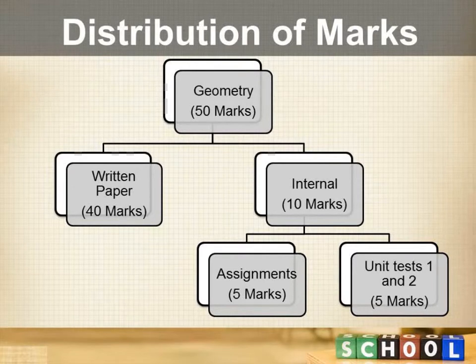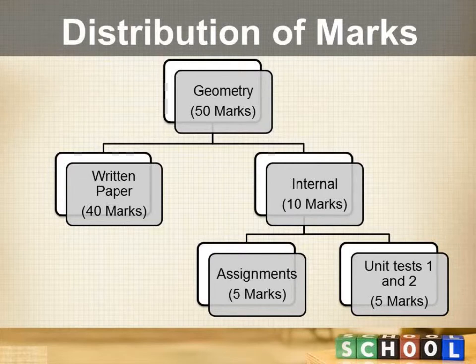5 assignments have to be completed of 10 marks. So therefore total 50 marks, which is converted to 5 marks. Then where is the remaining 5 marks? Unit test 1 in semester 1 and unit test 2 in semester 2. But this unit test 2 is totally multiple choice questions.